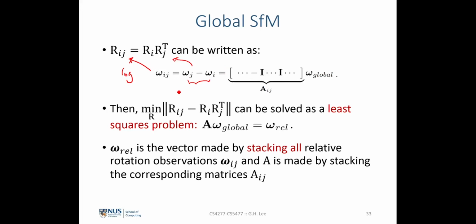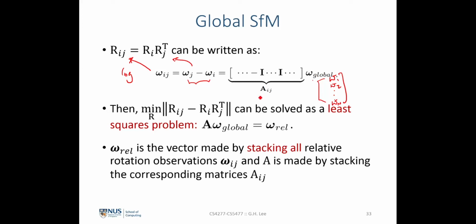And what we can do here is rewrite this particular omega j and omega i into this linear form over here, where omega global is simply a vector of omega 1, omega 2, and all the way until omega n, where n here denotes the number of global poses in the scene graph.